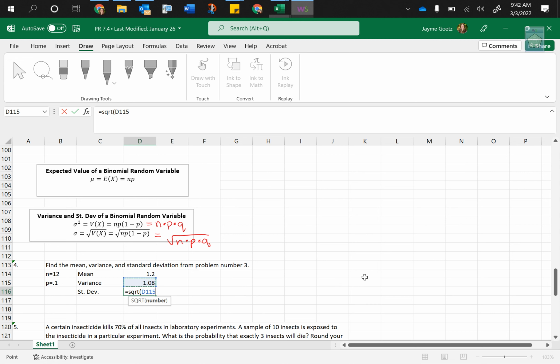I'm just going to go the square root of that cell, and you should get approximately 1.04. Good? So if you want to use the numbers 12, 0.1, and 0.9, you have to retype them in a cell without the variables.